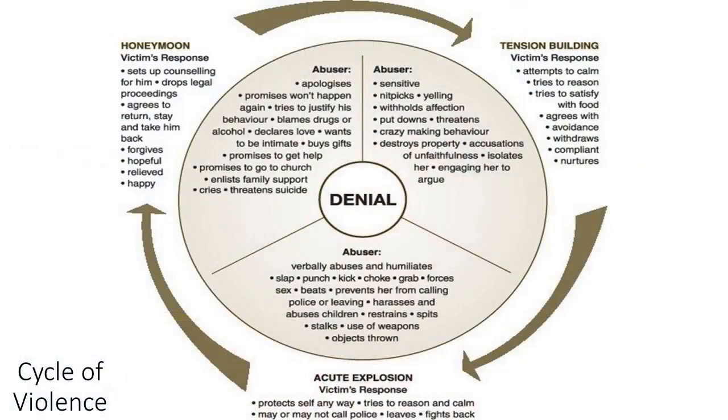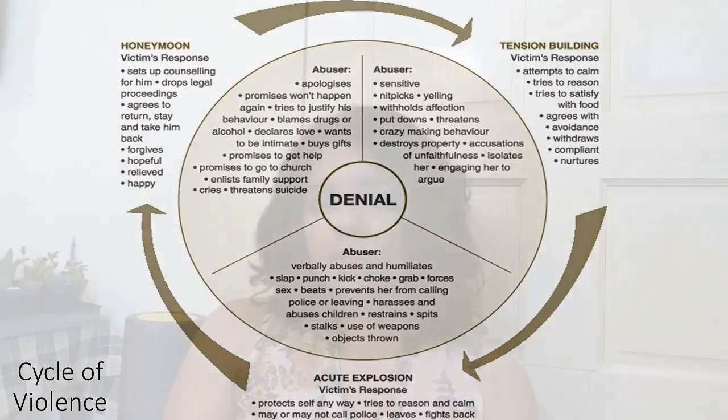But then many times the tension building stage starts again, and that leads to the acute explosion, and the cycle then repeats itself, creating a state of denial for both the abuser and the victim because of the drastic change in dynamics throughout the cycle. So that is it for this video, talking about the cycle of domestic violence.